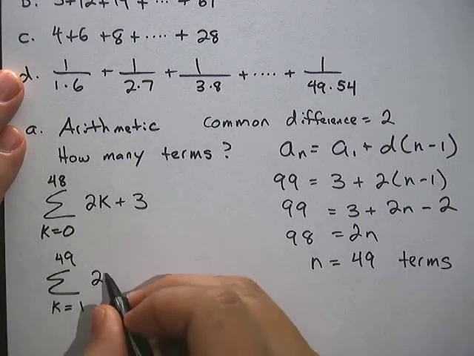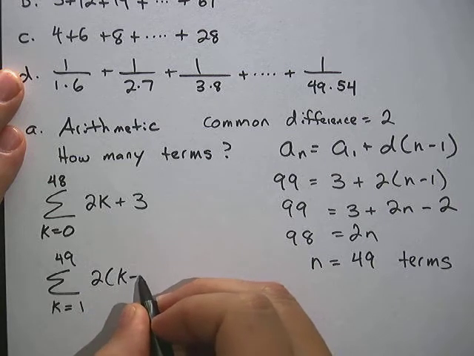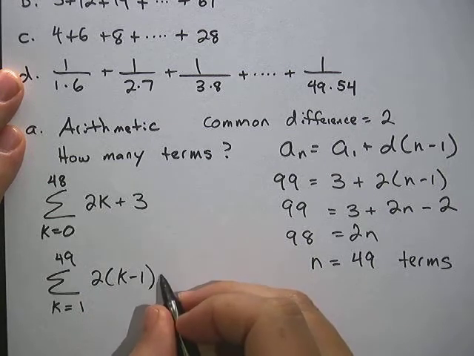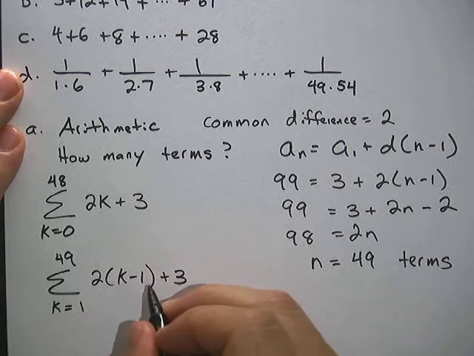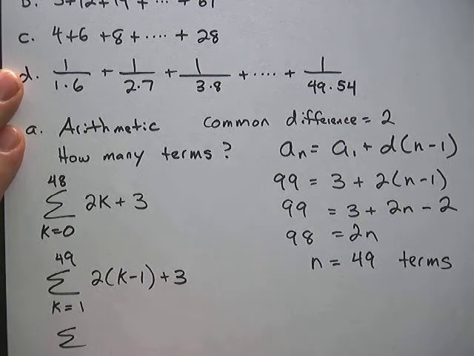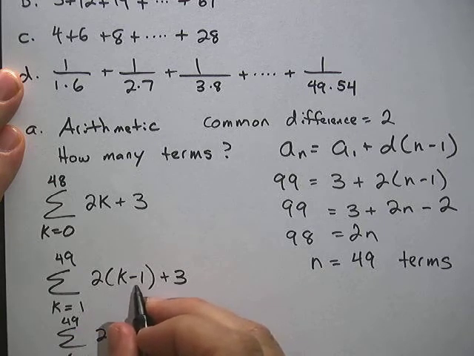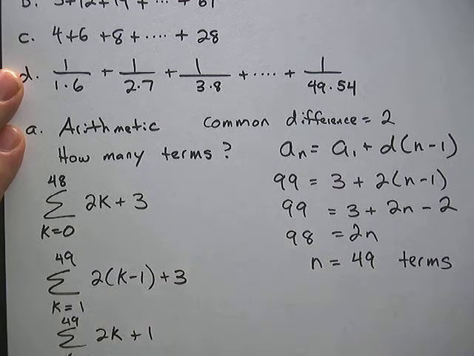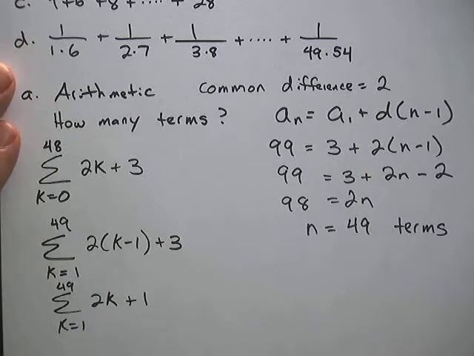So it will be 2 times k minus 1 plus 3, and obviously clean that up a little bit. So that's equal to, from k equals 1 to 49, of 2k, and then distribute that, that's minus 2, so it'd be plus 1.